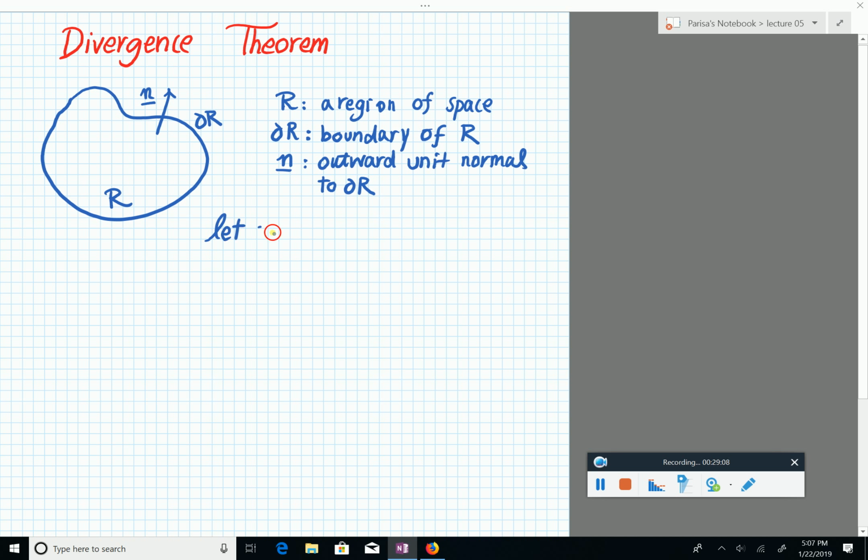So considering phi being a scalar valued function, like function of points, this is more like a field, right?